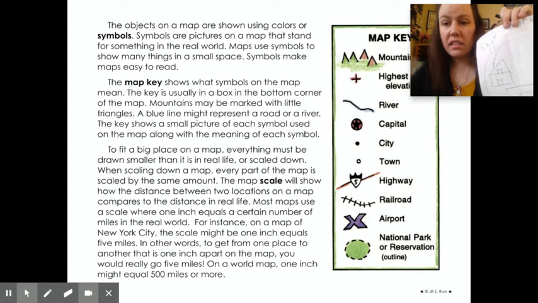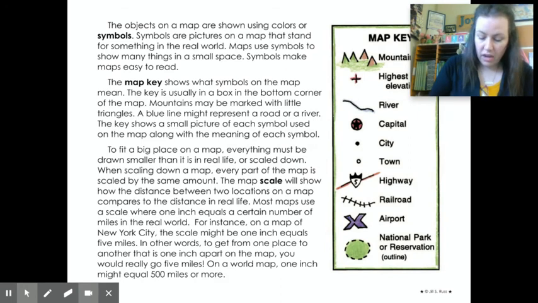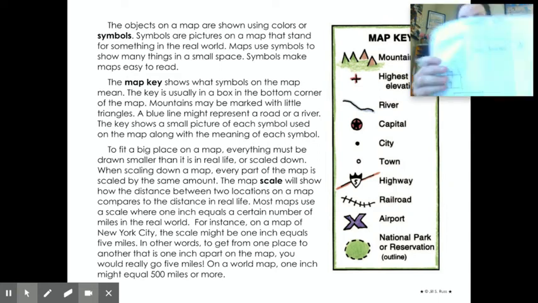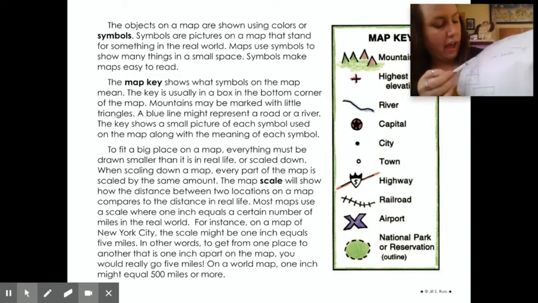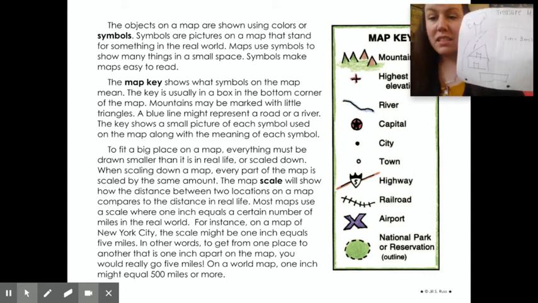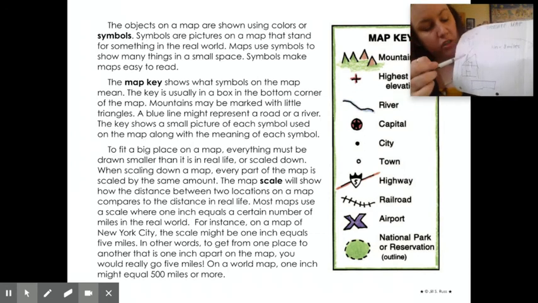Okay, so let's say I drew this, but on my scale, the scale said that 1 inch equals 3 miles. Okay, let's look at that one. So every 1 inch on this map scale equals 3 miles. So I have 4 inches, 1, 2, 3, 4. But it's not just 4 miles because each of these inch marks represent 3 miles.